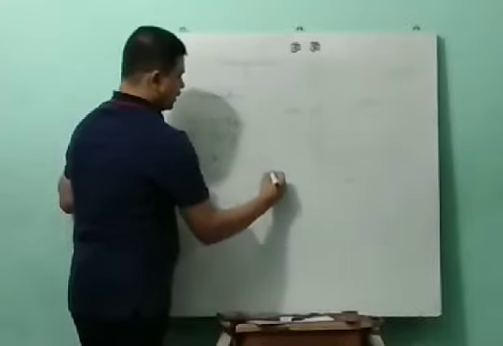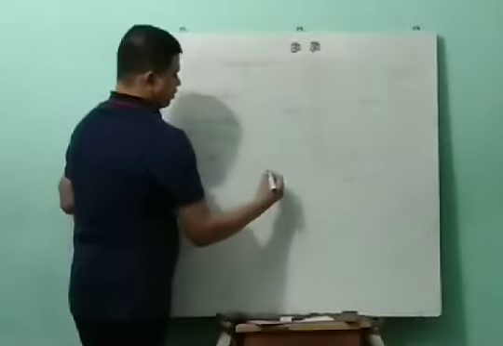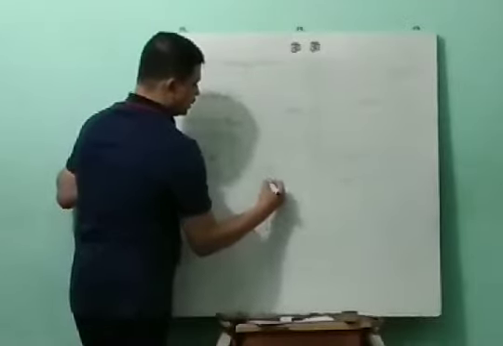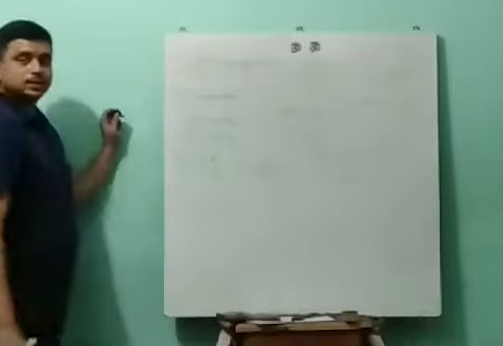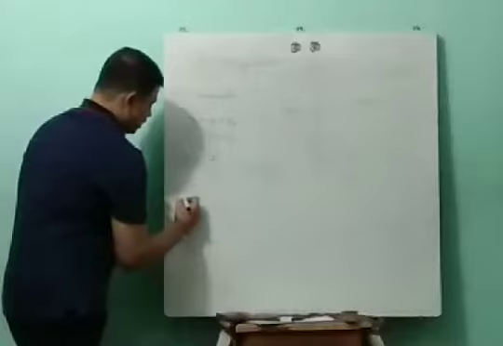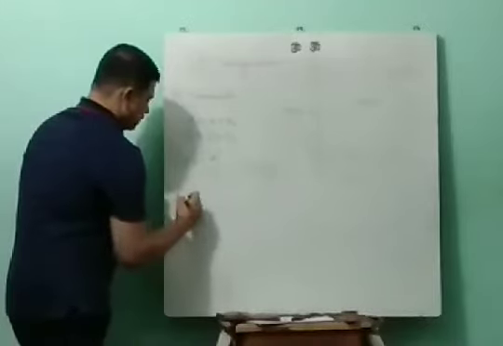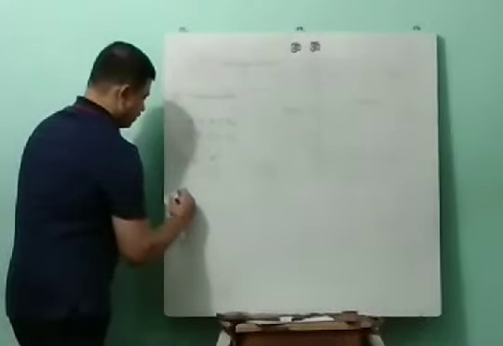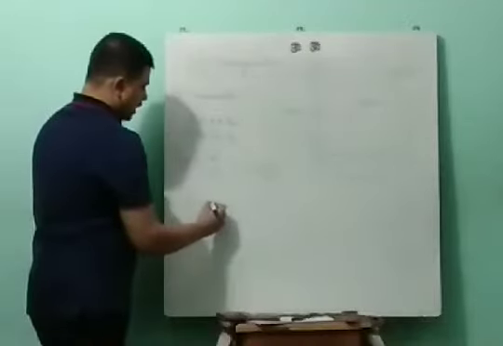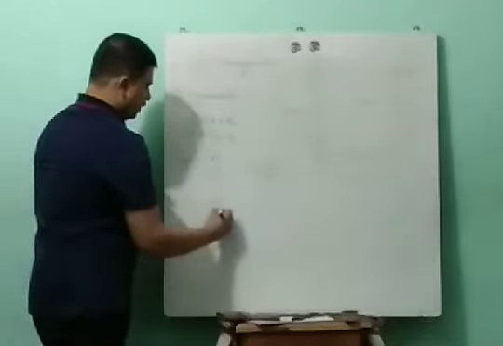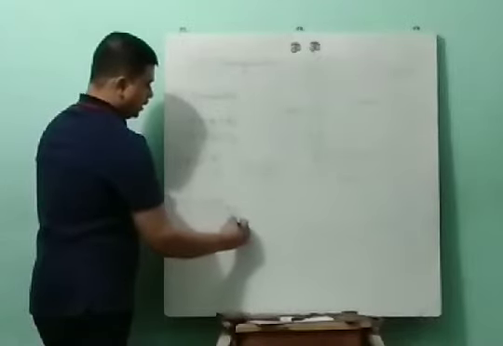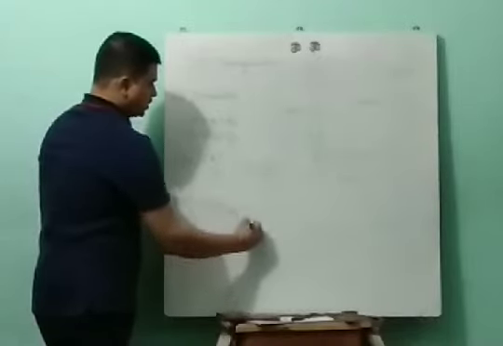We can represent again in a column matrix as Tx, Ty. Then the final point, that is the translated point, is represented as P dash equal to, so we have to add the initial point P to the translation matrix T.